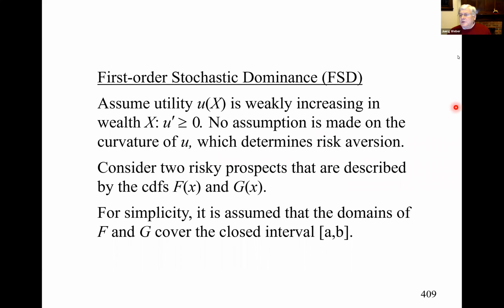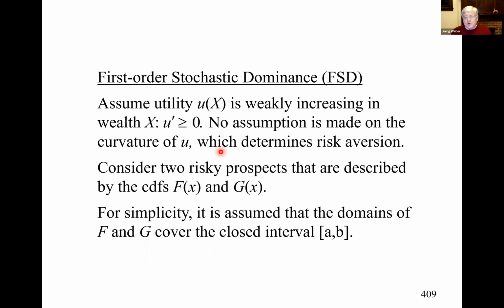Now, in first order stochastic dominance, you simply assume that the utility function is upward sloping. That's the only assumption that you make. You don't say how strongly it's upward sloping, and you don't say anything on the curvature.